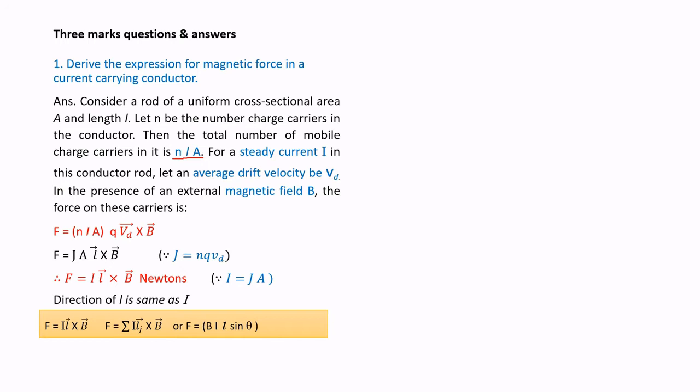Then this is also given as summation of the products, F is equal to sigma I L in the j direction, that is the direction vector, cross B. That can also be written, removing all the vectorial multiplications, as F is equal to BIL sin theta. These are the 3 different forms of expressions of magnetic force in a current carrying conductor.